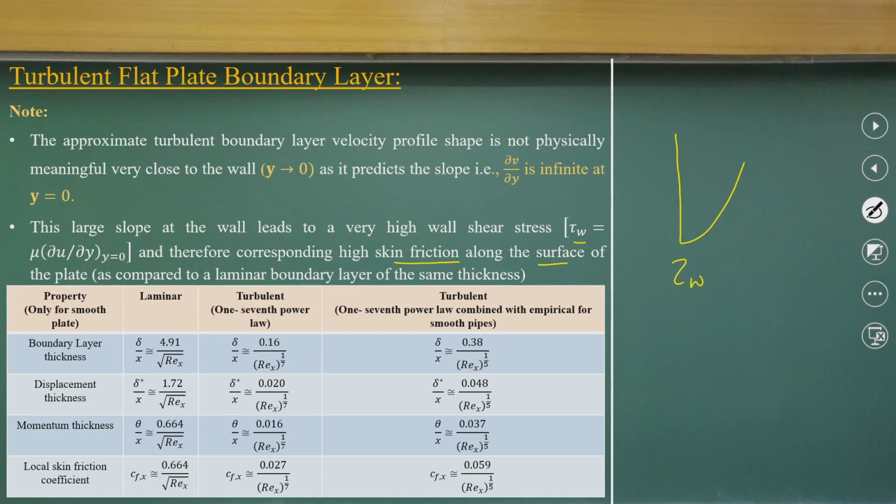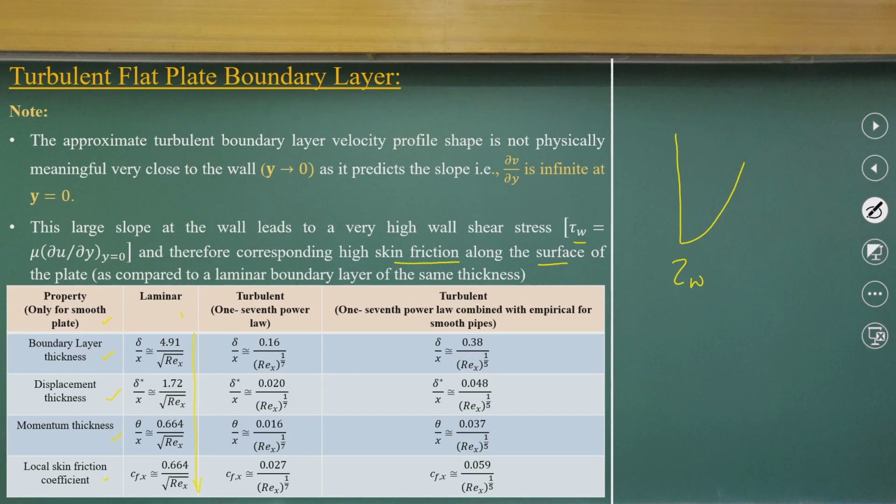This shows the comparison table, only for the smooth plate: boundary layer thickness, displacement thickness, momentum thickness, and local friction coefficients, which we have derived for laminar flow. As I said, momentum thickness and local skin friction coefficient are the same; we only define them in a different way.